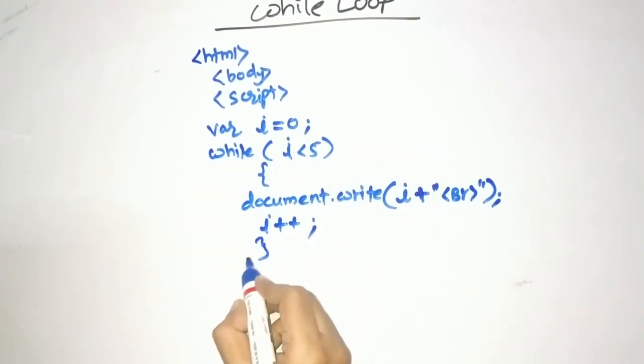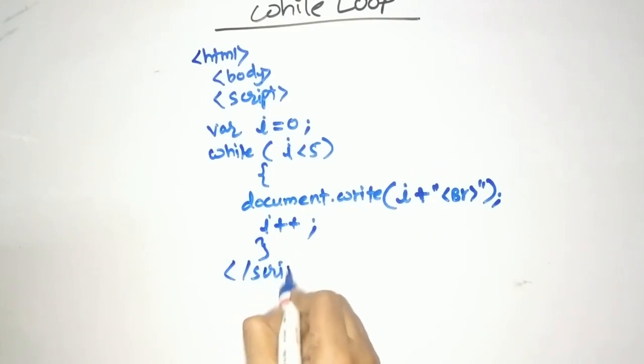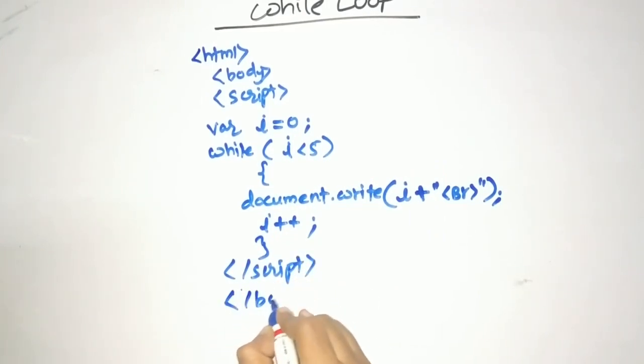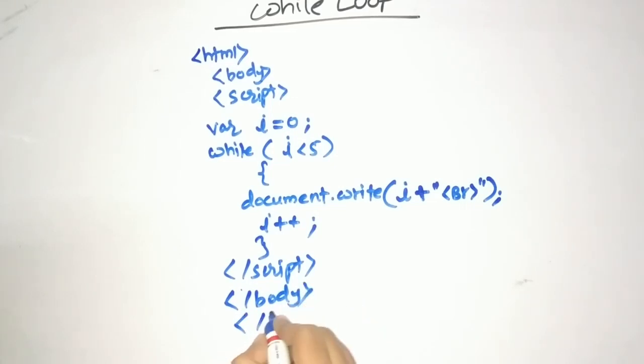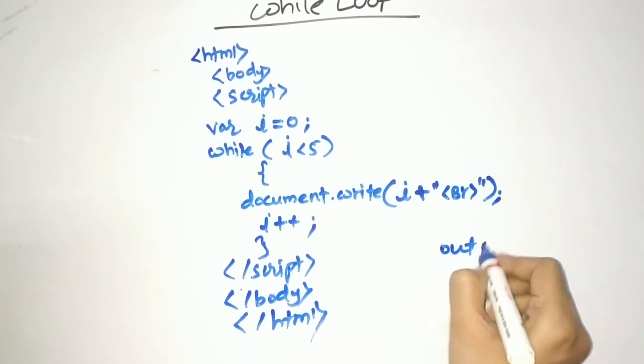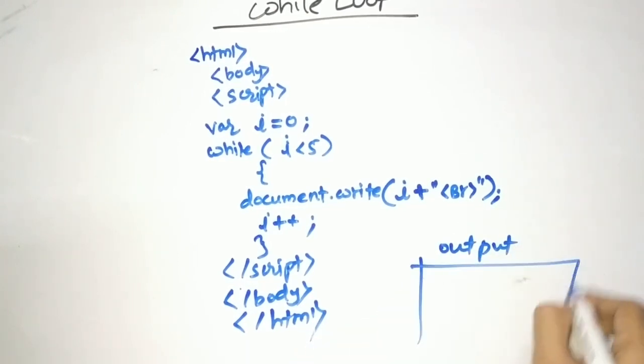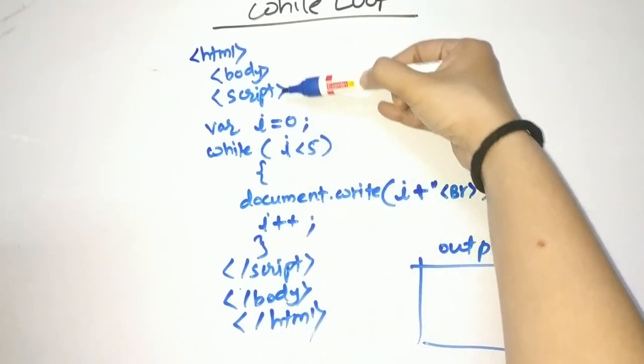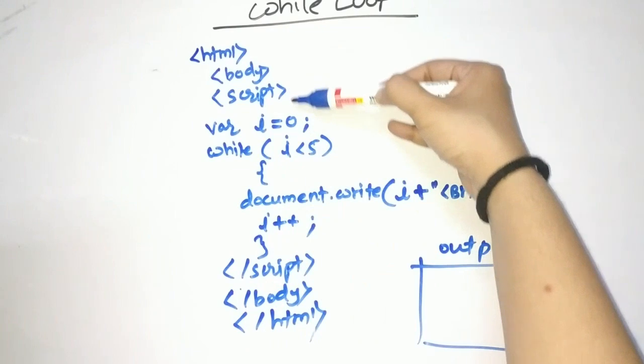Now we close the script tag, the body tag, and the HTML tag. Now we'll see what output will come. First of all, execution starts from HTML, body, script, where I is equal to 0.